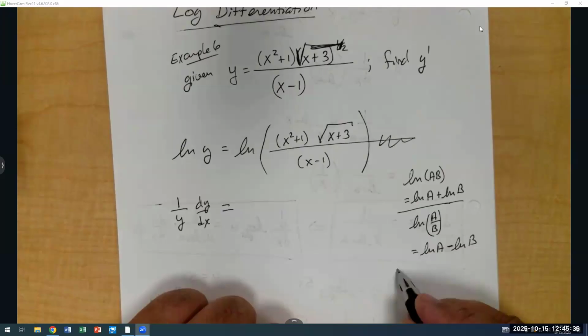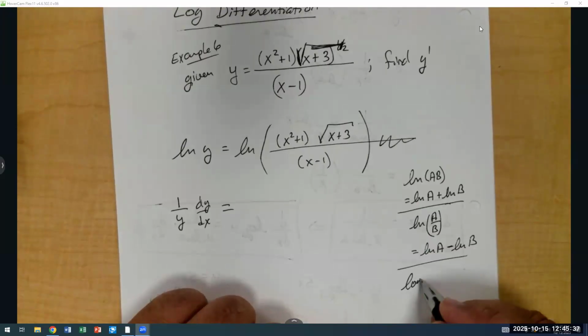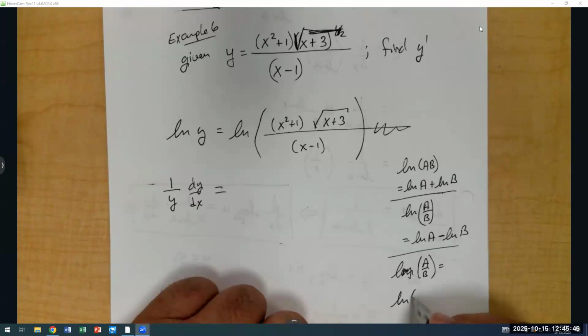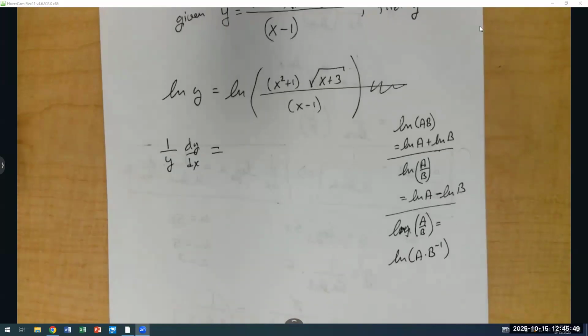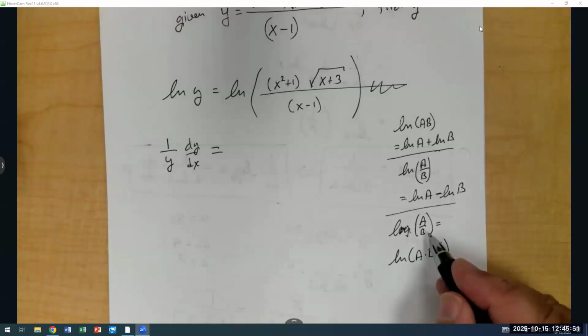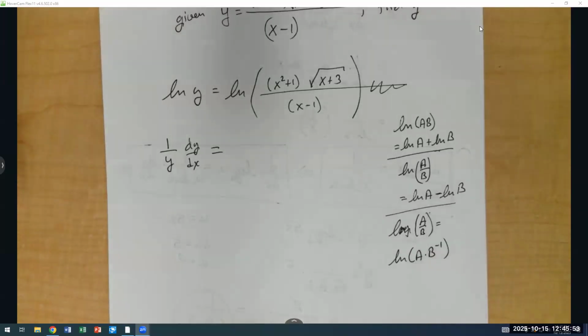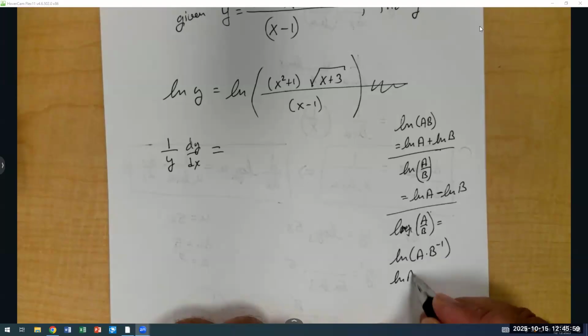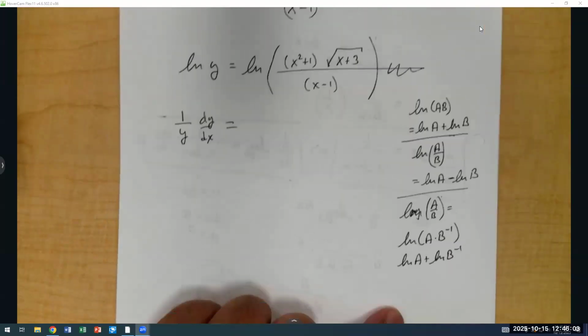These are both exactly the same, because ln A over B is the same thing as ln A times B to the power -1. Whenever you change location, you change the sign of the exponent. So I have ln A plus ln B to the power -1.